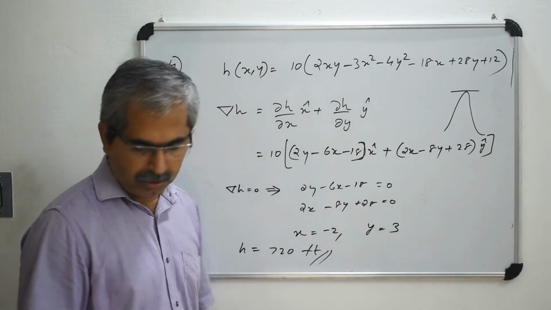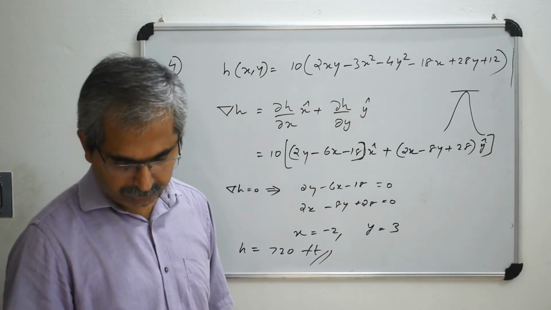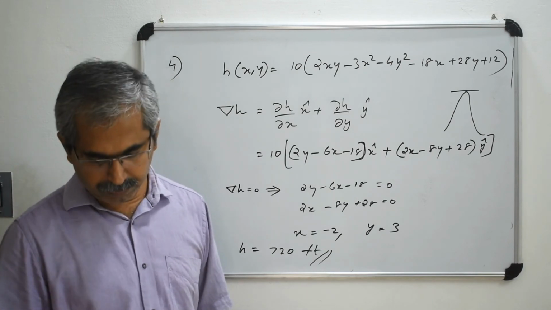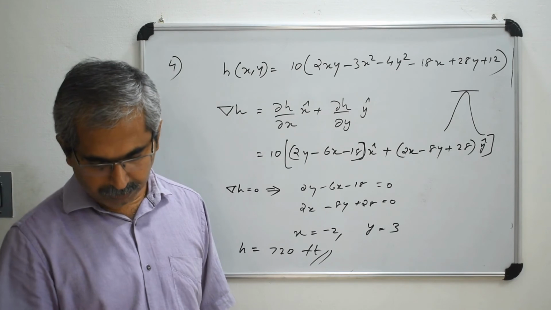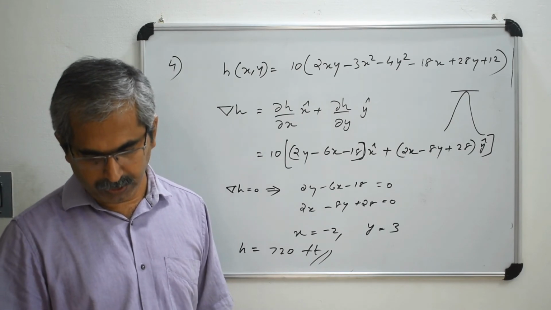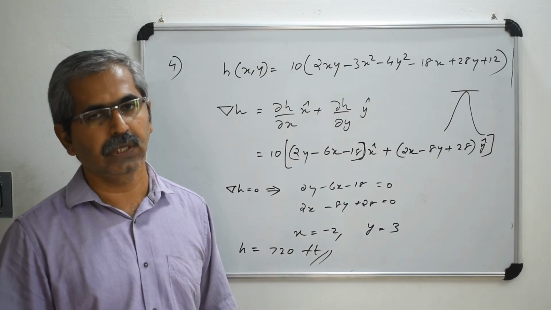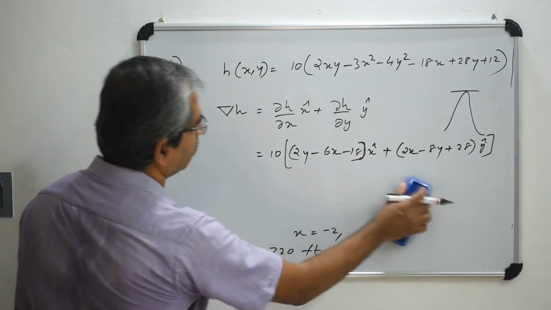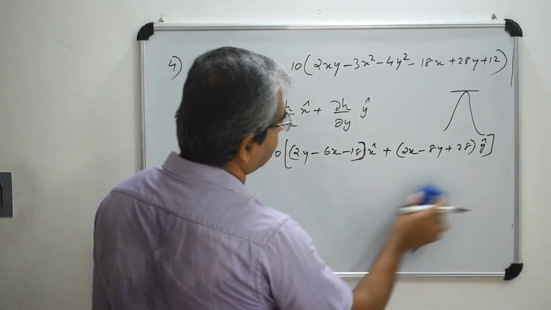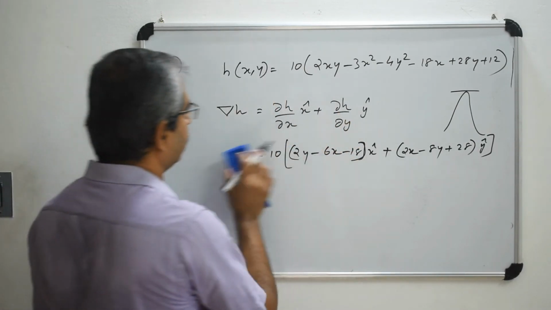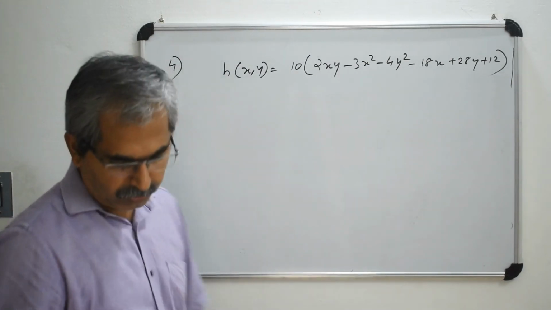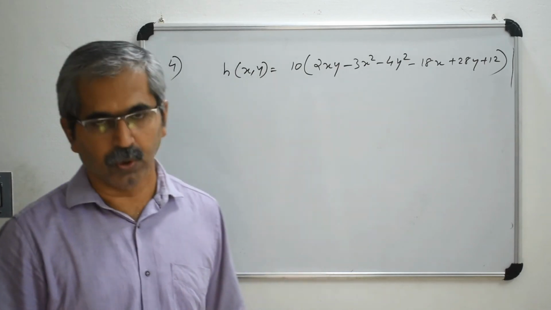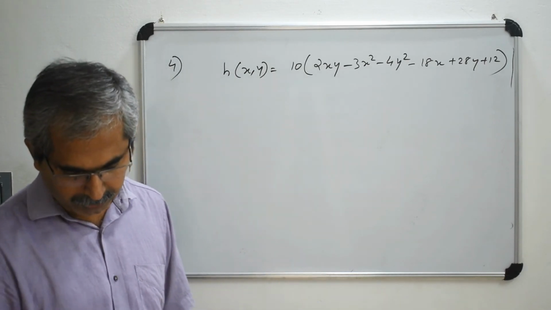Okay, now for that question there is another part. How steep is the slope at a point 1 mile north and 1 mile east? That is the third part. How steep? That means you have to calculate the slope. Okay. How steep is the slope at a point 1 mile north?